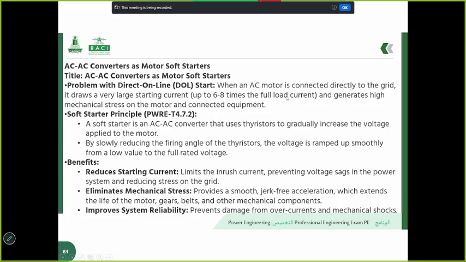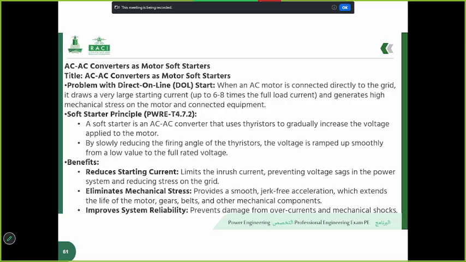So this slide explains how AC to AC converters are used as motor soft starters. This application addresses a significant problem with traditional motor starting methods.